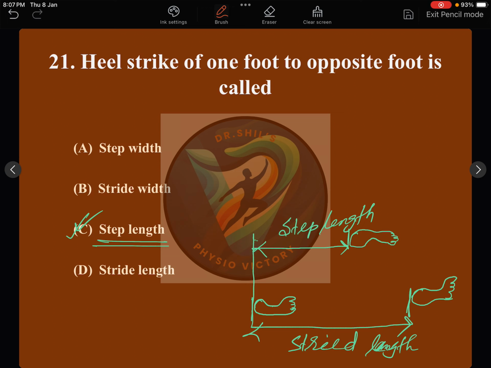Step width is basically distance between two feet.